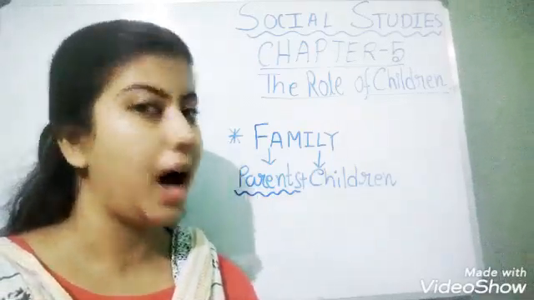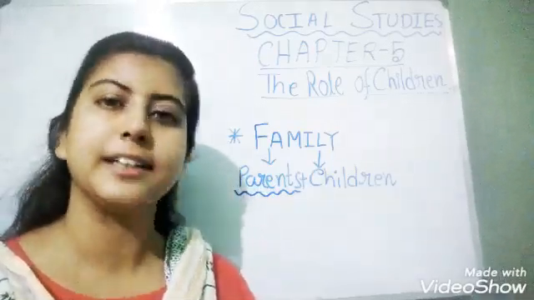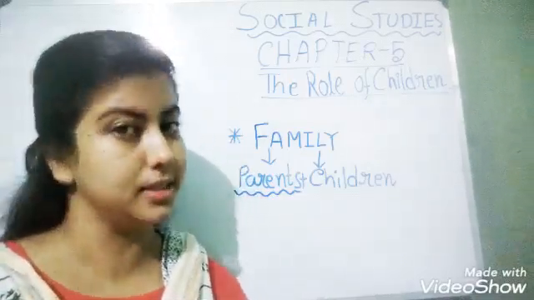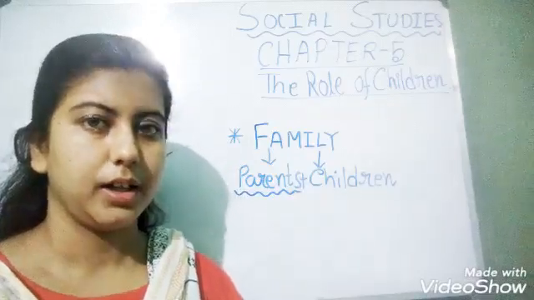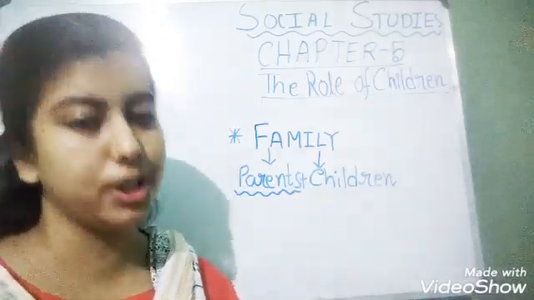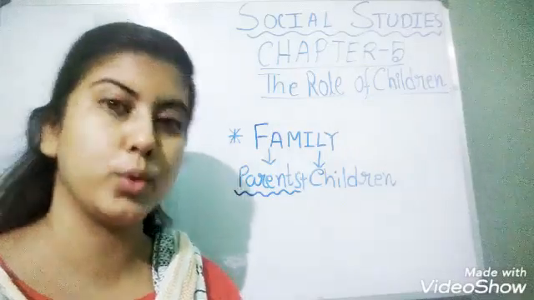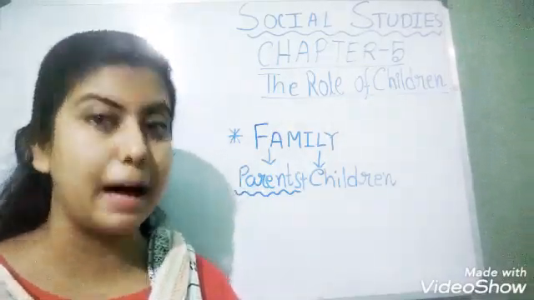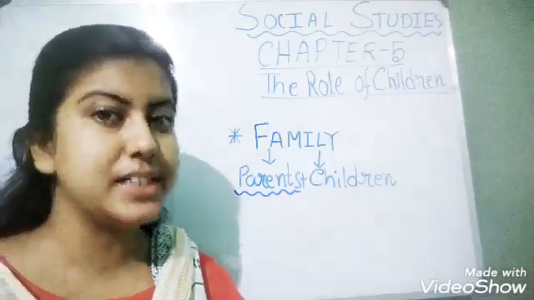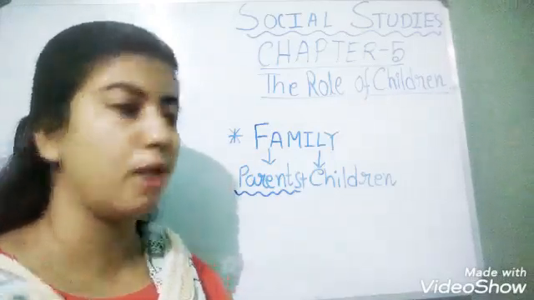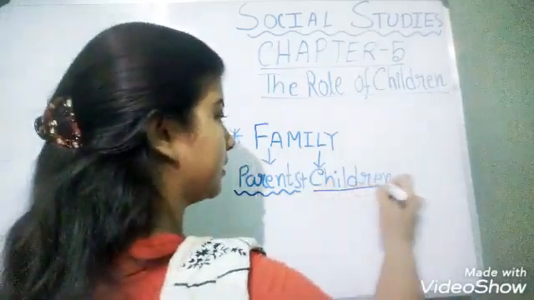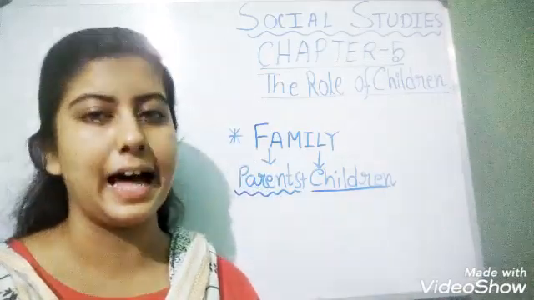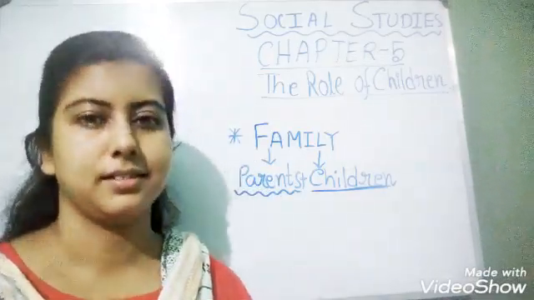They work hard to provide their children whatever they need. They give their children good education. But in a family, what are the duties of the children? We will read that in this chapter.